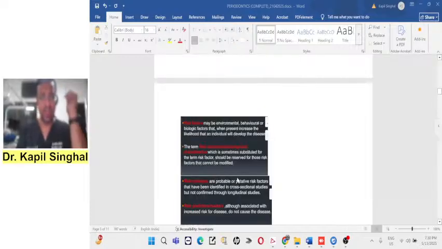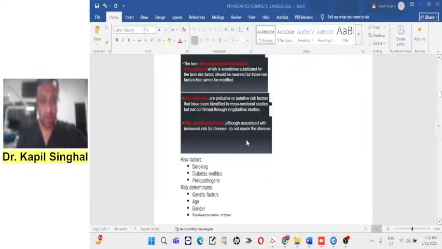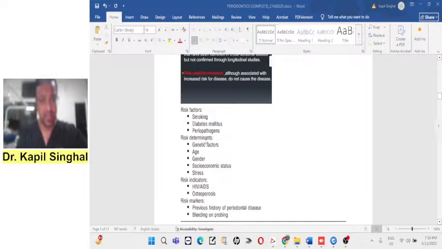Now if you see the options for how age and periodontitis are related to each other: age is an etiological factor, age is not related, age is a background characteristic, and age is a risk marker. We know that out of all these options, age is a risk determinant, also known as a background characteristic.